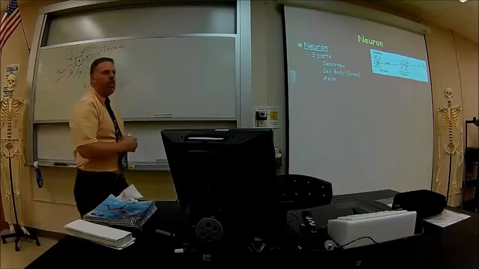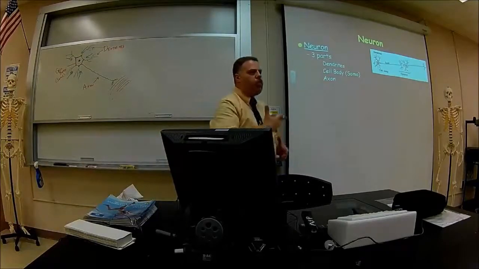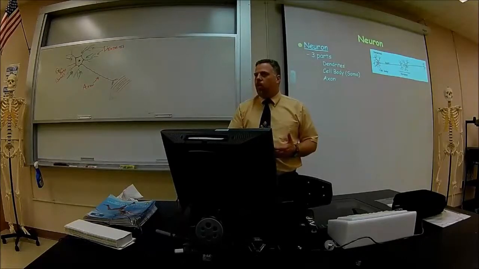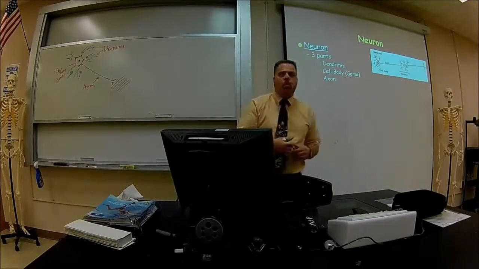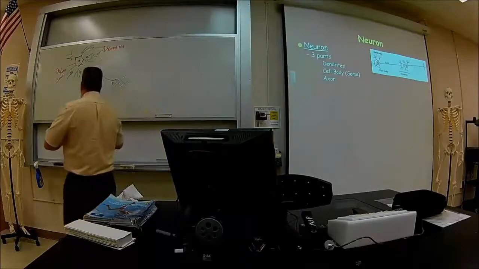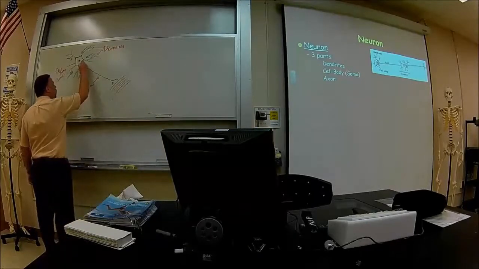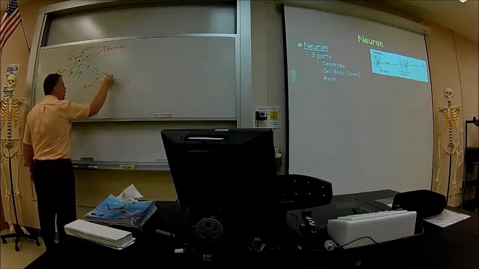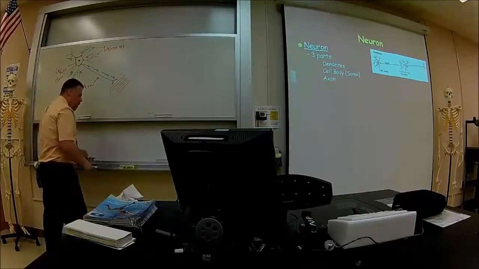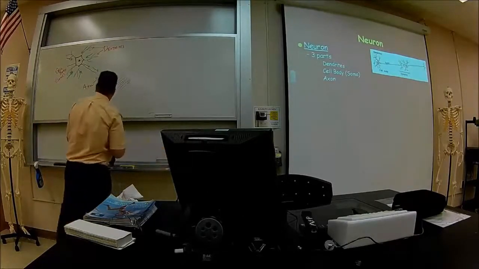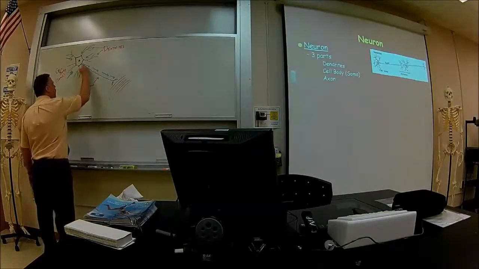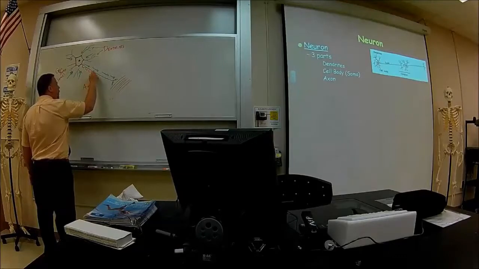The cell body is going to receive those impulses, do whatever it needs to do, whatever that impulse is, and then it's going to make an action potential go down the axon. The myelin insulation, the myelin is going to be around the axon only.